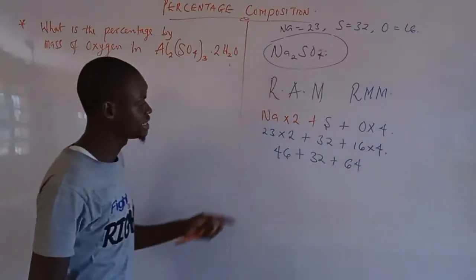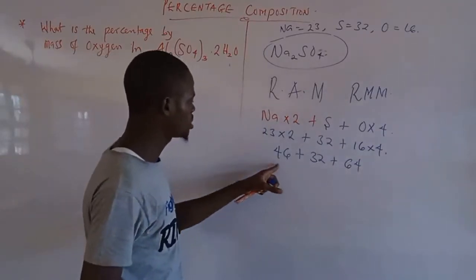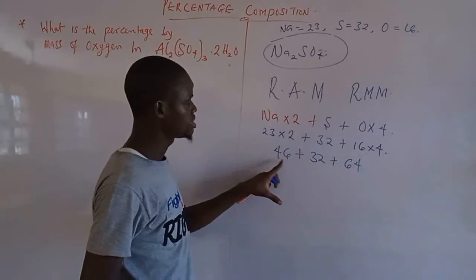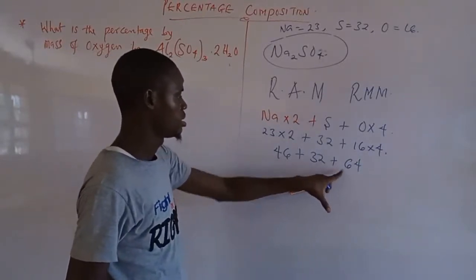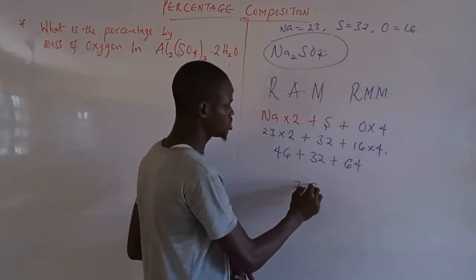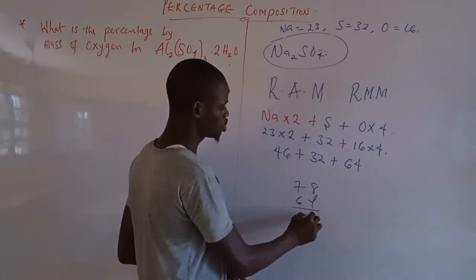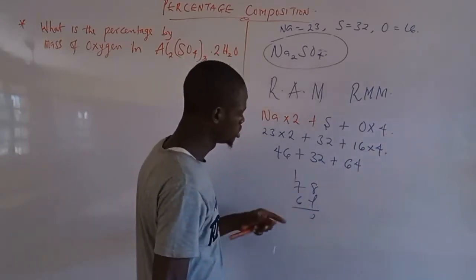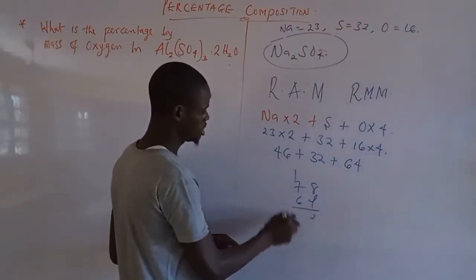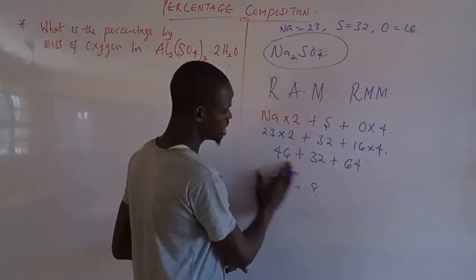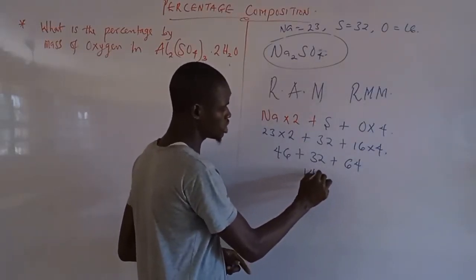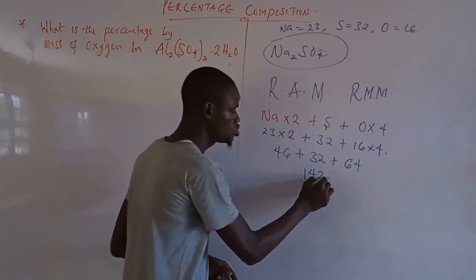If I add all this together, 46 plus 32 should be 78. Now, 78 added to 64 is 142. So the total mass of this is 142 gram.